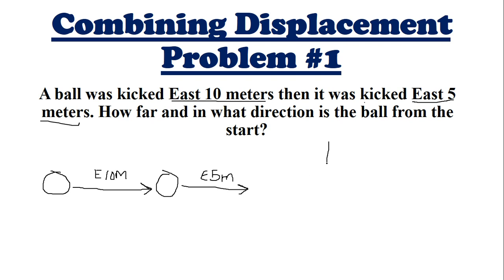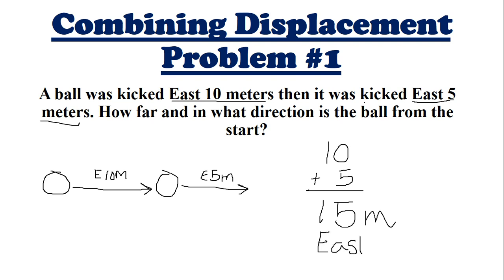So what you do, you take your values 10 and 5 and you add them together. So 10 plus 5 is 15 meters. Make sure you include the unit. And then you also still have to give the direction. And since they both were east, you would say east. And that would be the answer here for combining this displacement.